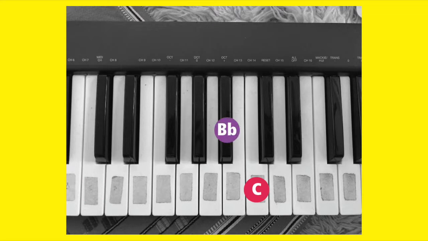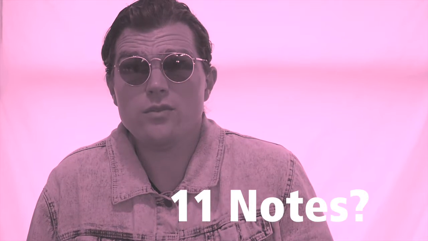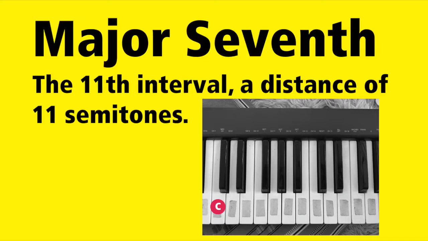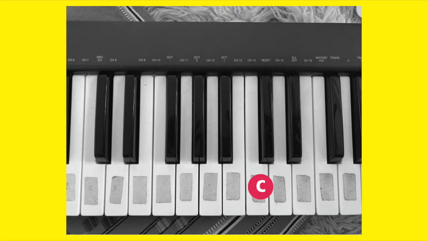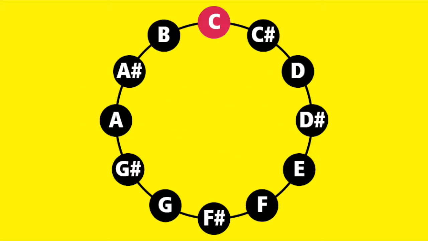So we get the whole tone circle again that we saw before, just going the other way around. 11 notes? Going up 11 notes is called a major seventh. And again, going up 11 is the same as going down 1. So we've got another circle of semitones, just moving from one note to the next. Except now, instead of going up in pitch, it's going down in pitch, and we've almost come full circle.